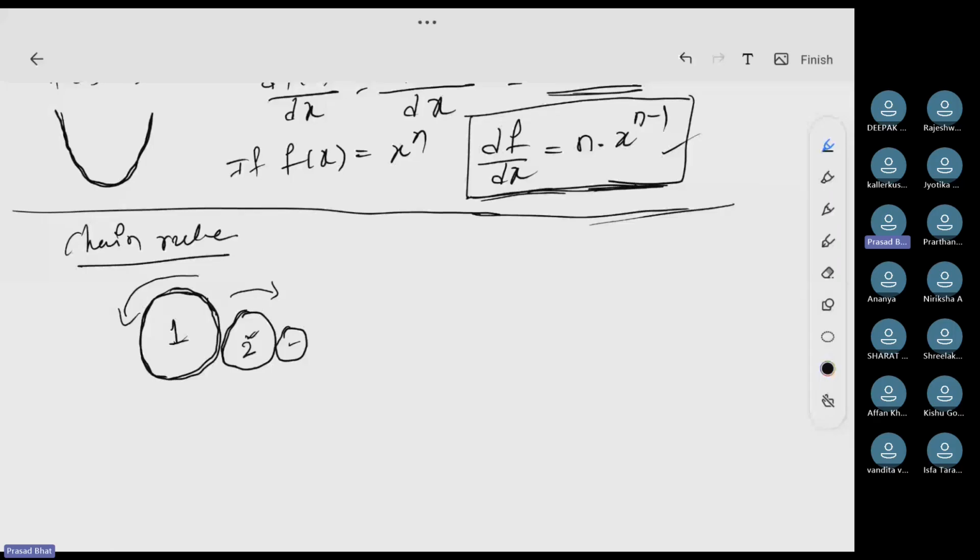And if I rotate wheel 2 once, then wheel 3 rotates, let us say, 3 times. Then how many times does wheel 3 rotate if I rotate wheel number 1? Can anybody tell me? You can type in the chat as well.